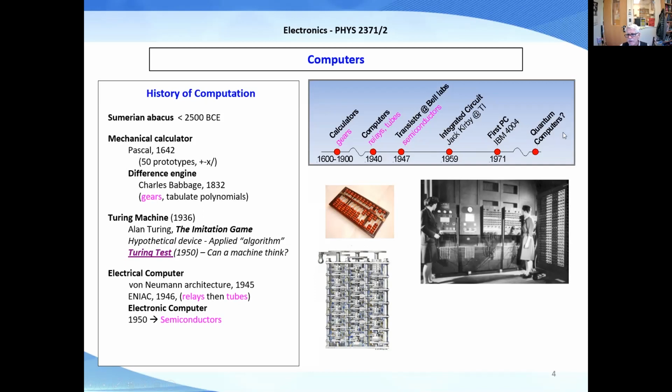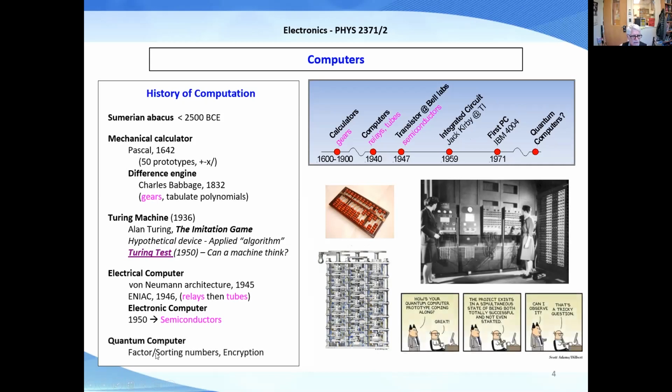And then people are making quantum computers now, and there's a lot of work by IBM and Google and other companies, and everybody's saying, I have the best computer by my measurement, and the other one says, well, I have the best computer by my measurement. Anyway, they can't do a whole lot with it now. In fact, the only algorithms I'm familiar with are factoring numbers and sorting numbers, but it'll certainly be good for encryption.